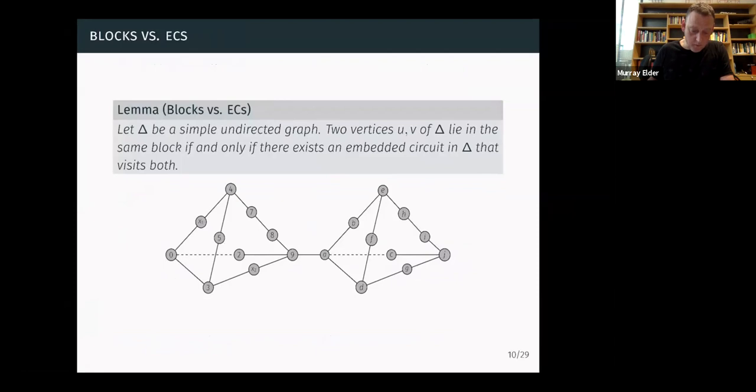So here's one more lemma. Let Delta be the same graph as usual. 2 vertices lie in the same block if and only if there exists an embedded circuit that visits both.